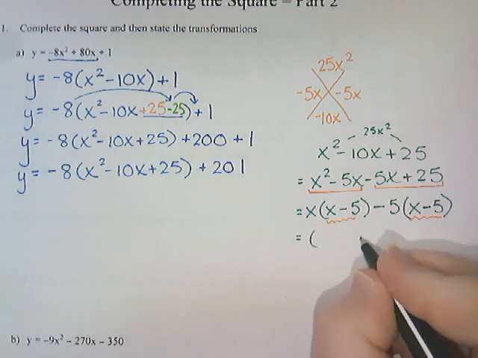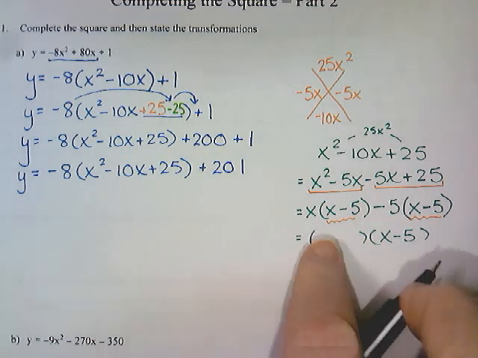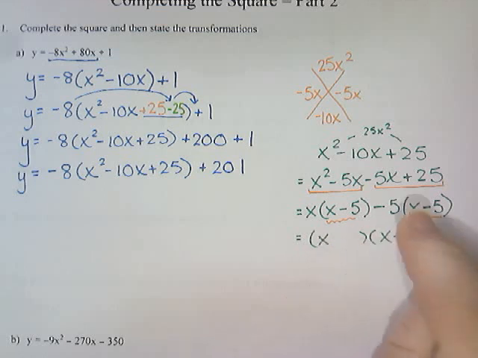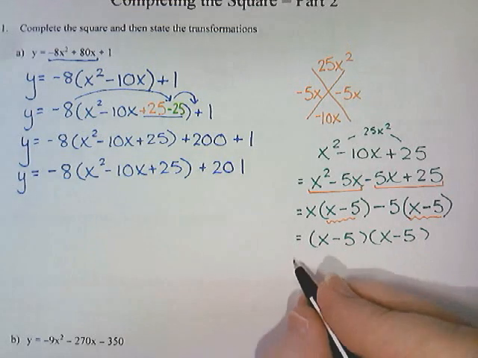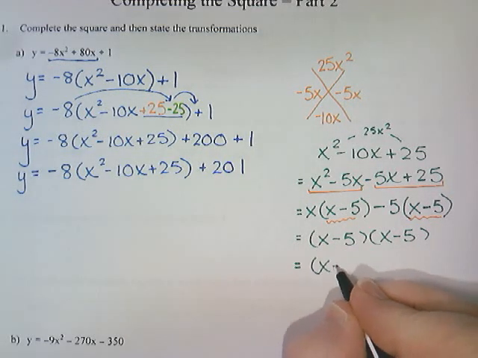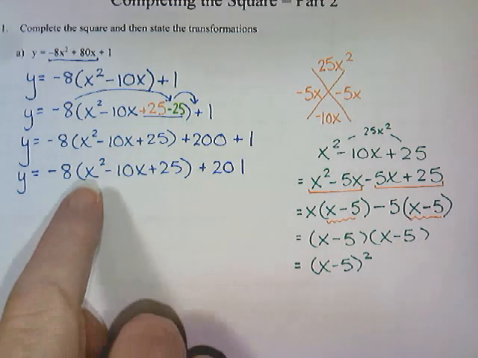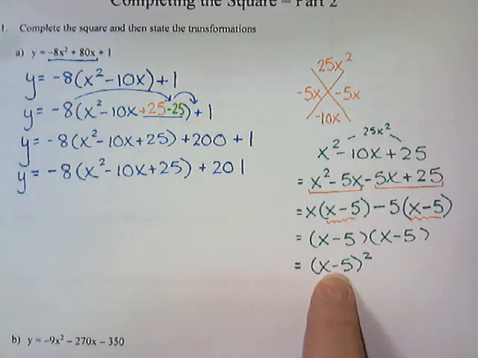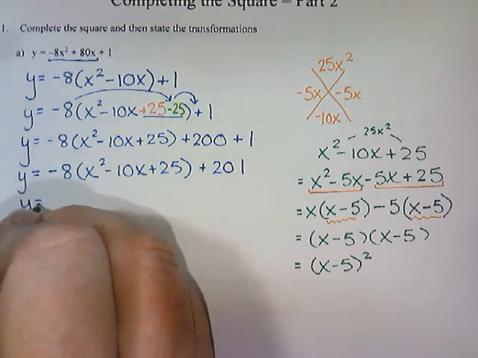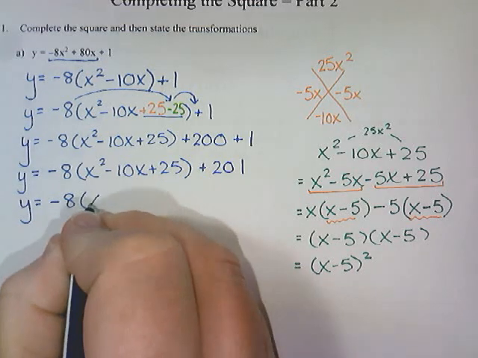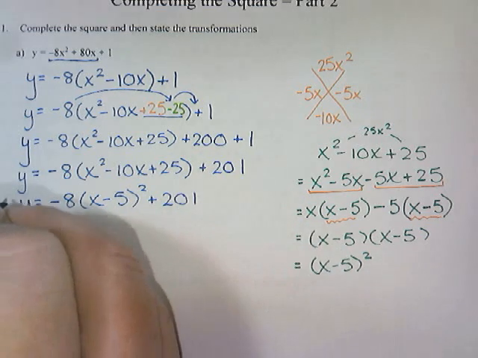That tells me that in my original multiplication question, the second bracket was an x minus 5, and the first bracket would be x minus 5. Now, x minus 5 times x minus 5 is x minus 5 squared. So all we're going to do is replace x squared minus 10x plus 25 with x minus 5 squared. So this is going to be y equals negative 8 times x minus 5 squared plus 201.